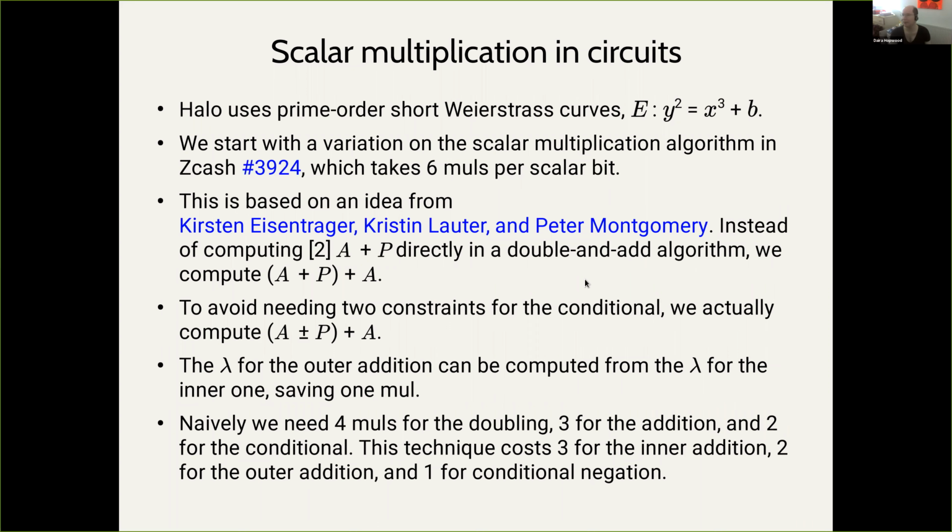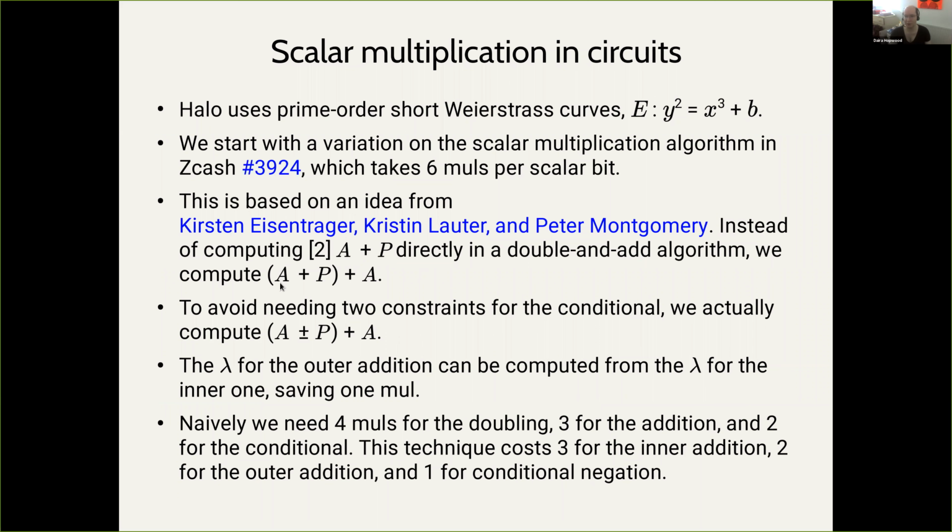Are people familiar with that? In any case, the idea is that you keep an accumulator, you double it, and then you conditionally add the base point in each step. So you do that for each bit of the scalar.